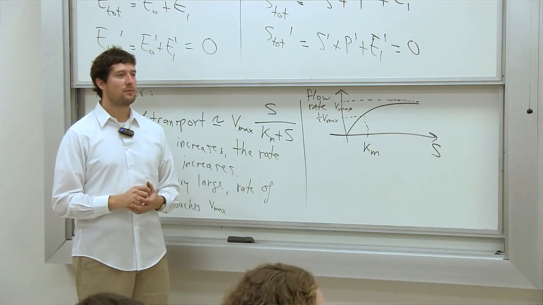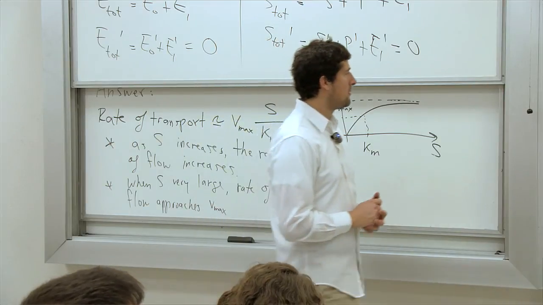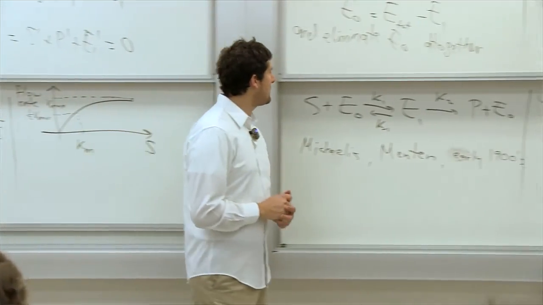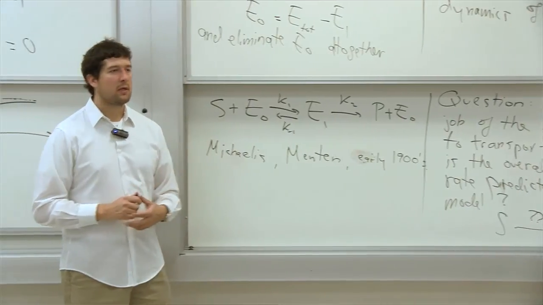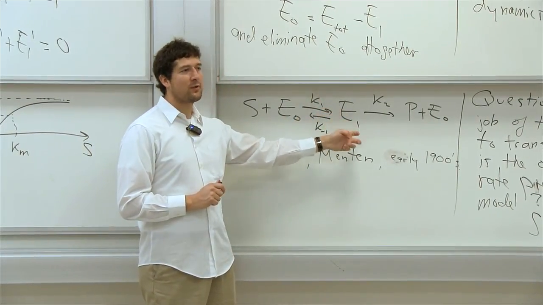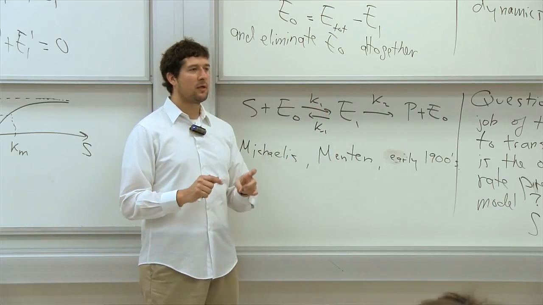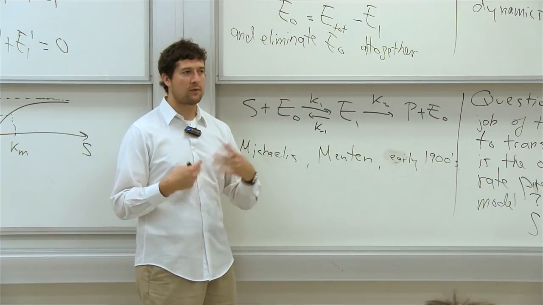Yes, Wilson. Looking at the notation, why is that K negative? Is there a reason why it's not just K1, K2, K3? Good question. This is considered to be basically the same reaction as K1, except the reverse version. So we call this K1 and K minus 1 so that it's clear that it's the forward and reverse reaction of the same thing.